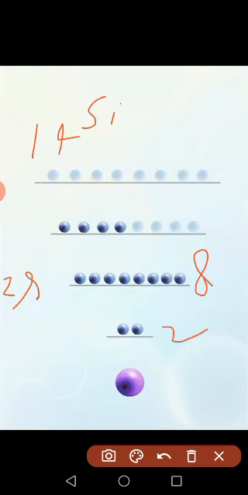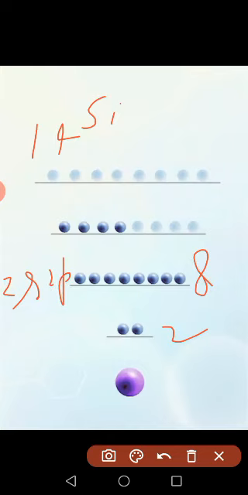So what really happens in silicon, and this is how the electrons occupy the spaces in the energy levels. Here you can see this is for silicon, 2 8 4, 14 silicon. You can see this is 2 and this is 8, and these are 2s and 2p combined.